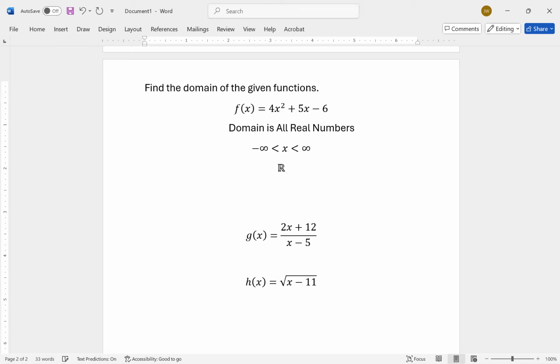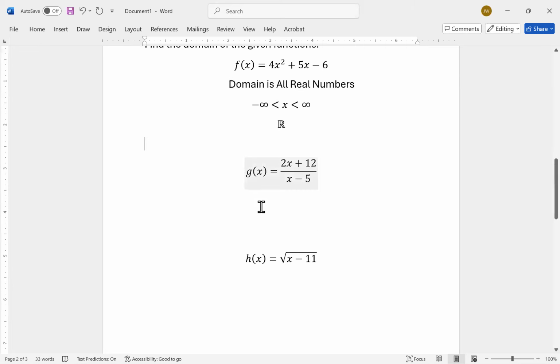Now let's take a look at these other two functions. And let's look at the domain here. The common domain errors that we're going to see in this class are going to happen when we divide by 0 or when I have a square root of a negative number. Well, 2x plus 12 divided by x minus 5 is not going to have any problem with square roots in it.